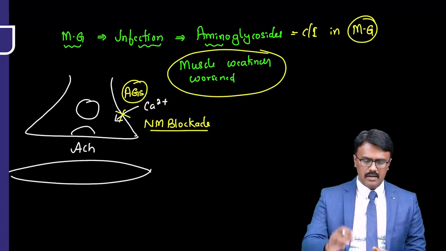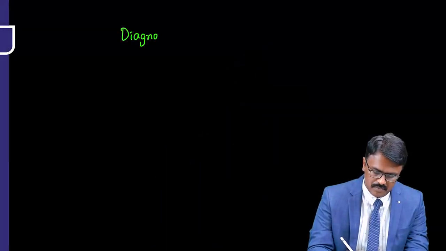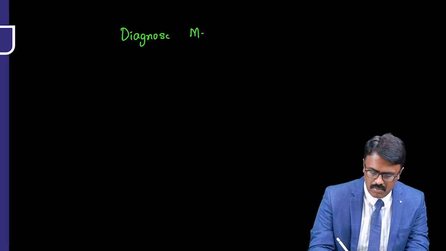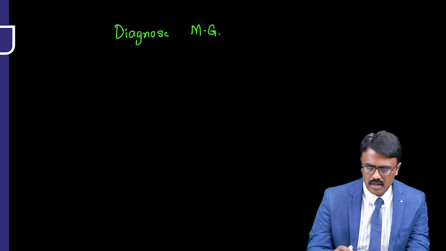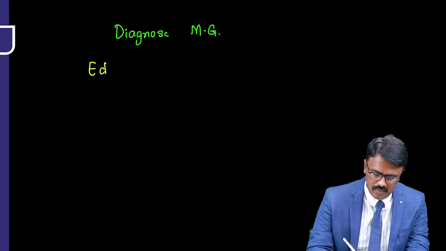Clear? Sir, we understood the drug therapy of myasthenia gravis, but how do you diagnose? Now the diagnosis is also done by certain drugs. How do you diagnose myasthenia gravis? For that we have a shorter acting drug. The name is called edrophonium.